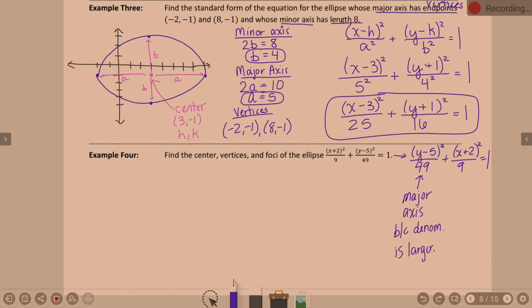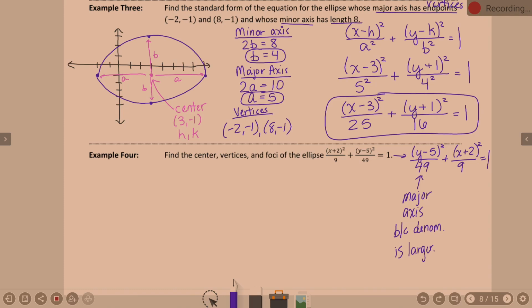With that information in mind, we need to gather some information from this equation. What information do you see? You already know your center. I agree. What do you guys think the center is? -2, 5. Look at the x. It's x plus 2. Use the opposite sign, so -2. Look at the y. It's y minus 5.